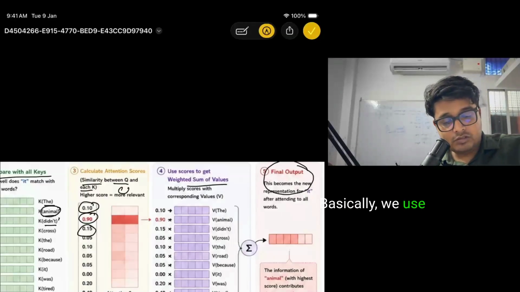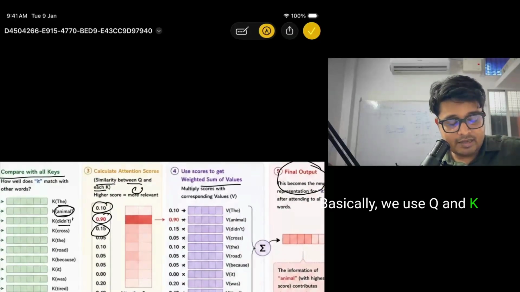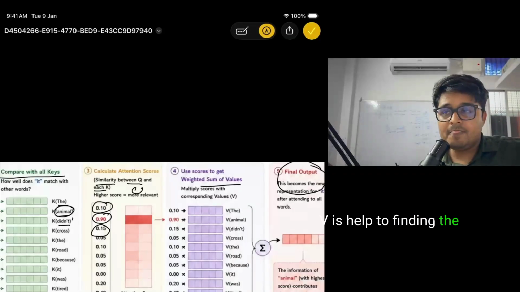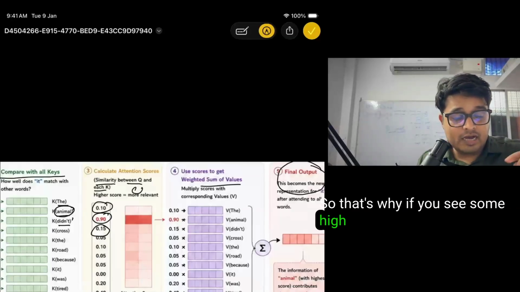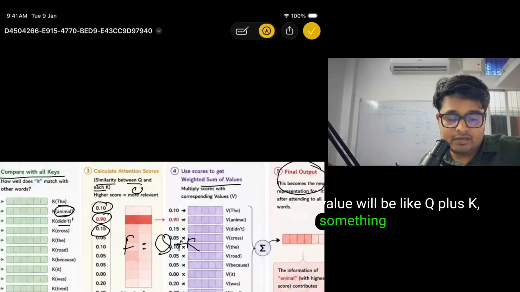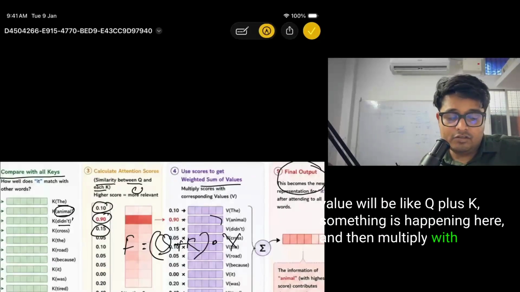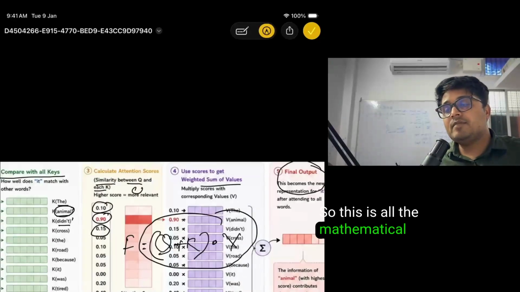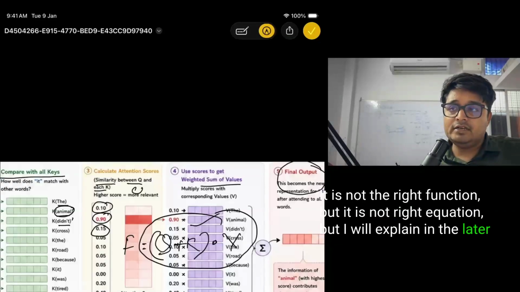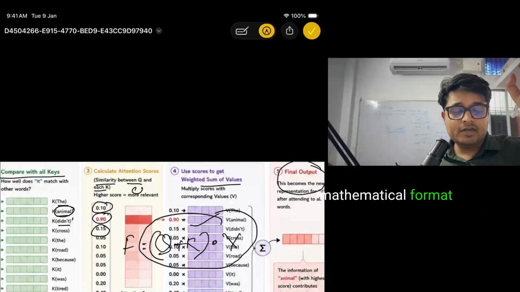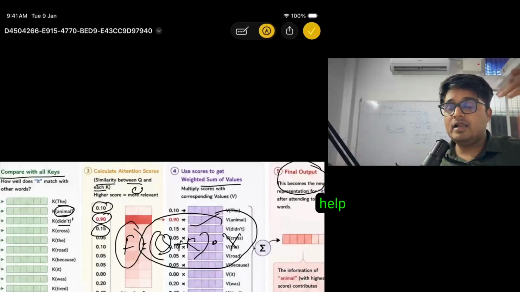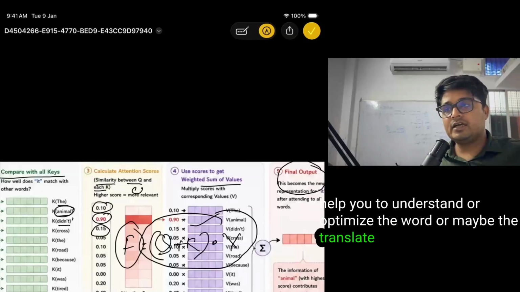Basically, we use Q and K to generate the relation, which is the attention score, and V helps in finding the context. If you see a high-level mathematical equation, it will be like Q and K combined, something happening there, and then multiplied with V. This is not the exact equation, but I will explain later how this happens mathematically and how we can generate the final context for each word in the sentence, which will help you understand, optimize, or maybe translate the words later.